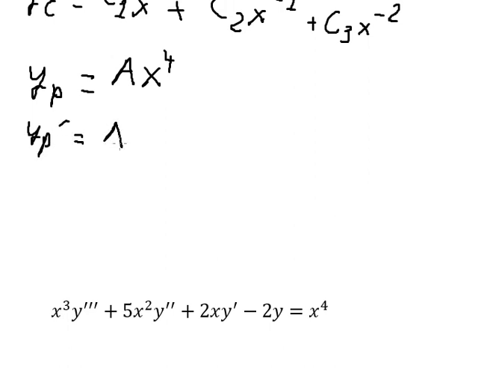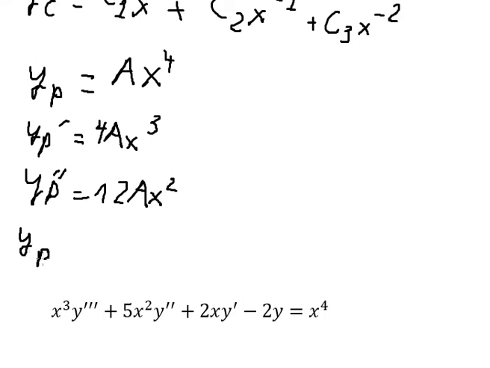So we have A and 4 in here, s to the power of 3. Second derivative, first derivative of this one, you got 3s squared, 3 with 4, we have 12, 12A s squared.